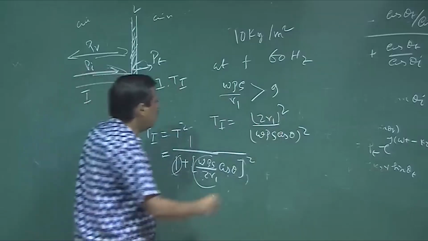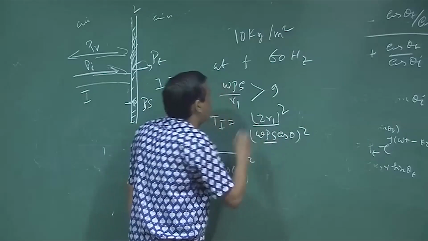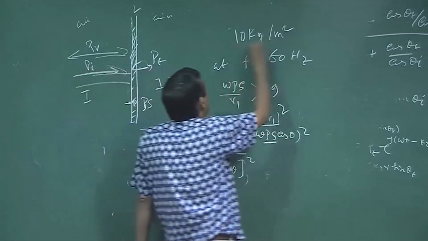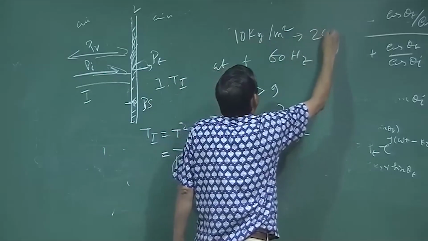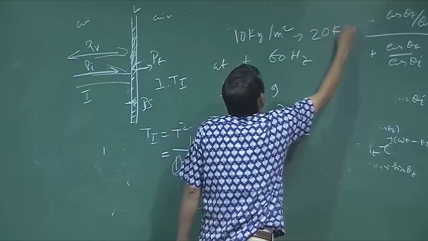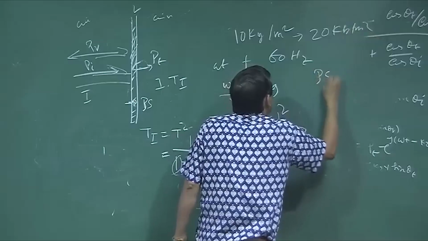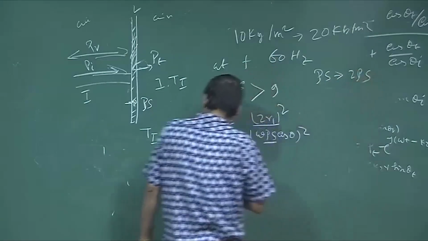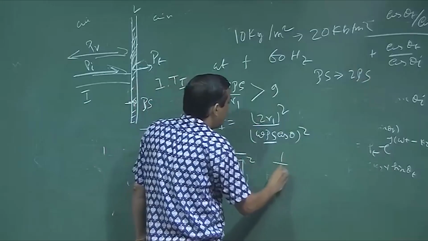Now, if I double the surface density, so instead of 10 kg per meter square I use a material whose surface density is 20 kg per meter square, that means rho into S increases to 2 rho into S. Then the transmission coefficient will be reduced by 1/4.